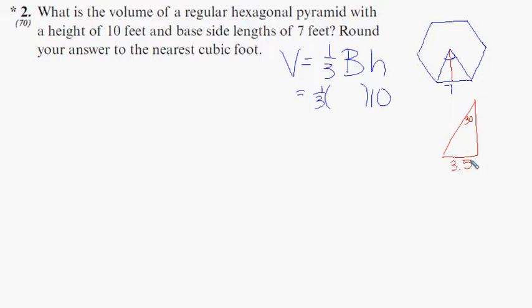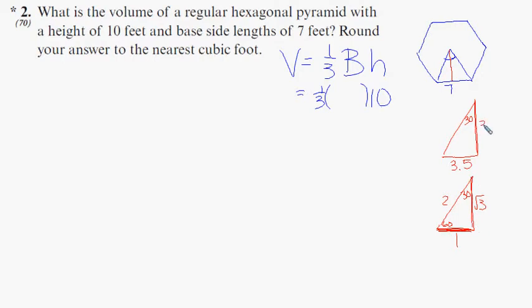And so what we're looking for is the height of this triangle here, not to be confused with this height over here, which was the height of the pyramid. All right, so I'm going to draw the 30, 60, 90 reference triangle. And some of you are probably remembering this already, but when you have the short leg, the short leg times the square root of 3 will give you the long leg.